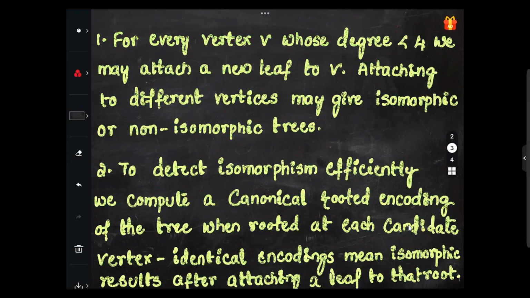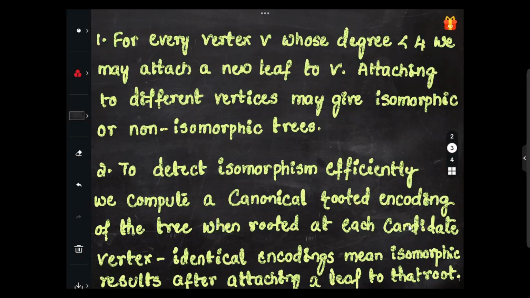Let's move on with the main core logic here. We have seen the graph, so vertex 2 is the center. Now we know for every vertex v, there are four vertices, total 1, 2, 3, 4. For every vertex v whose degree is less than 4, we may attach a new leaf to the v.